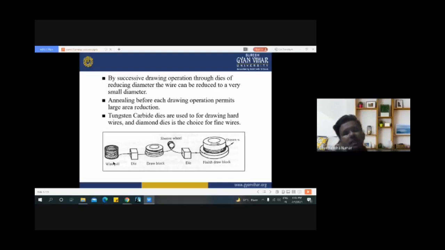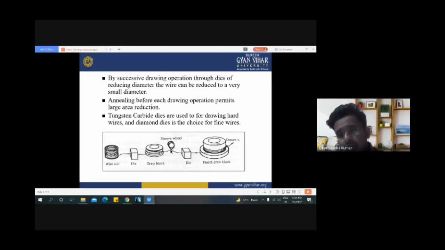Here we see that the wire roll is associated with one die, and the draw block is pulling wire from the wire roll directly, and its diameter is decreased here. Means if this has 6 mm diameter, then it is probably reduced to 4 mm. Then a sleeve wheel is used for going smoothly, and another die is used for reducing the diameter of that wire again.